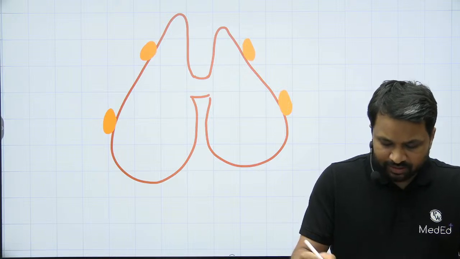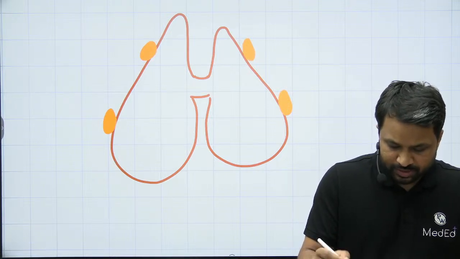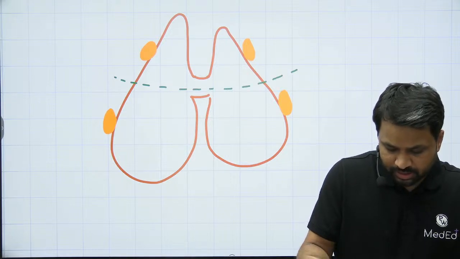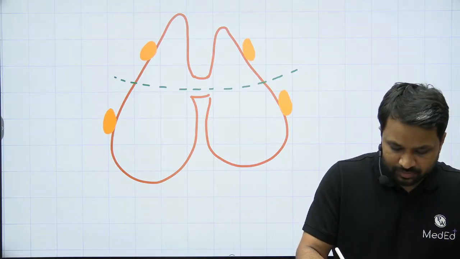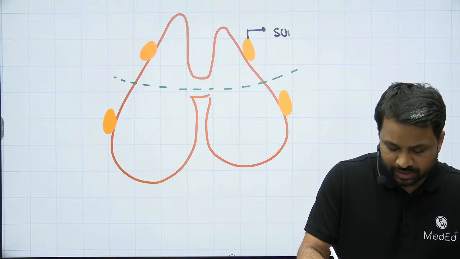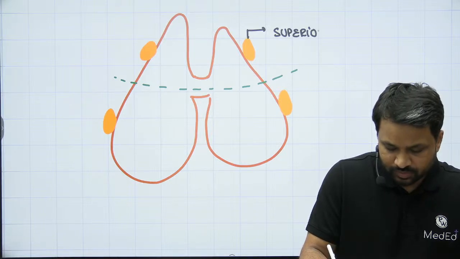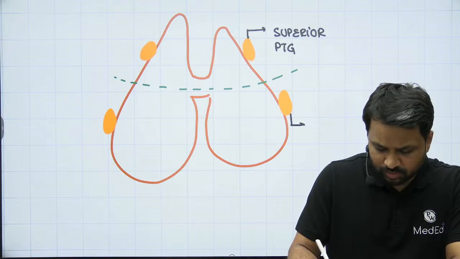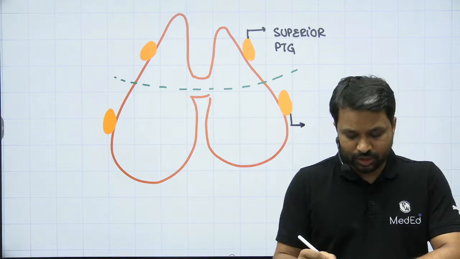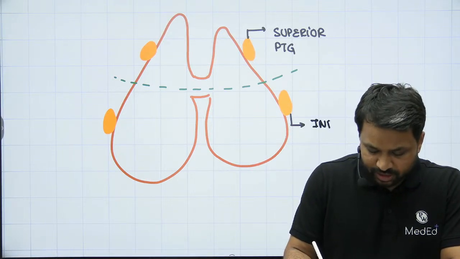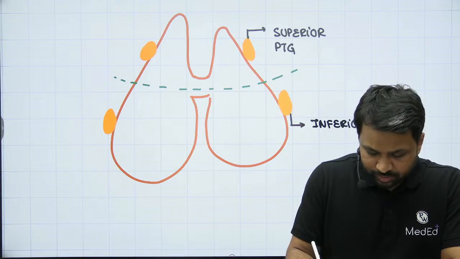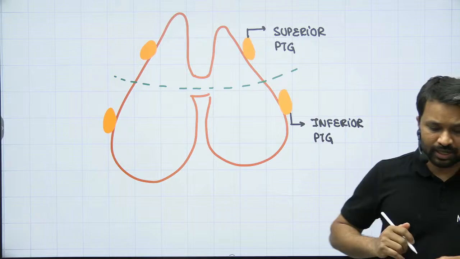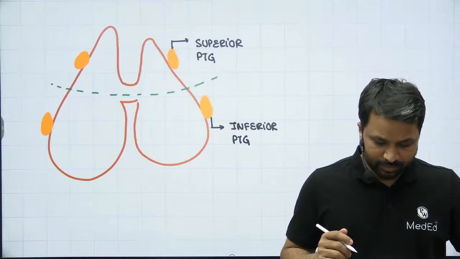They are not very fixed in their own position, but for the sake of understanding, if I draw a line that crosses through the isthmus, the parathyroid gland present above this is what we call the superior parathyroid gland, and the one present below the level of the isthmus would be called the inferior parathyroid gland.